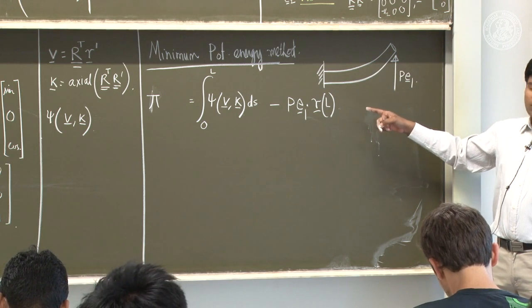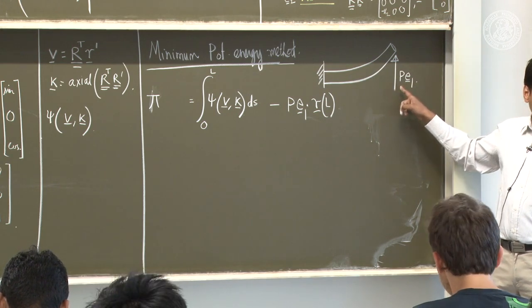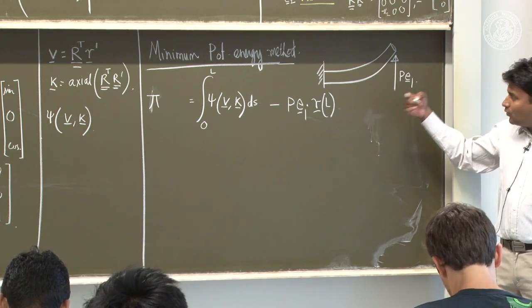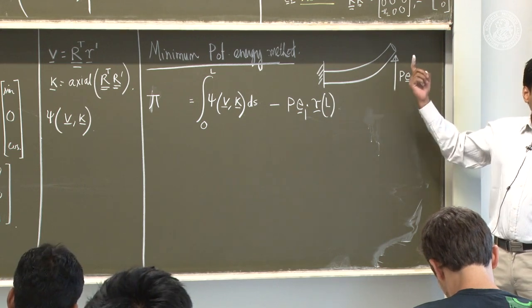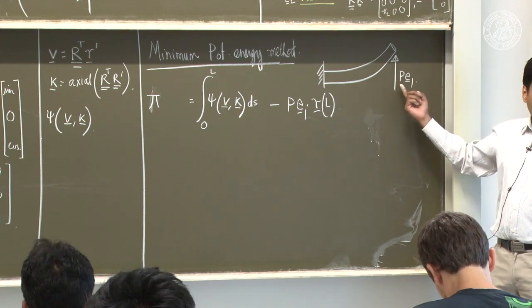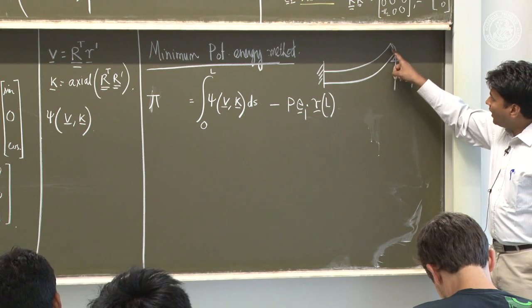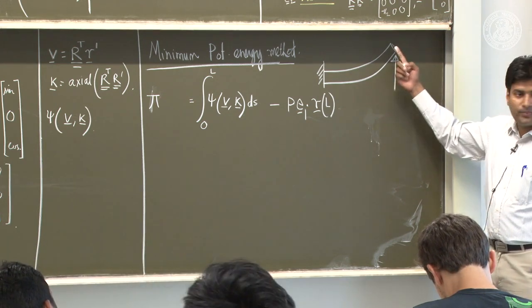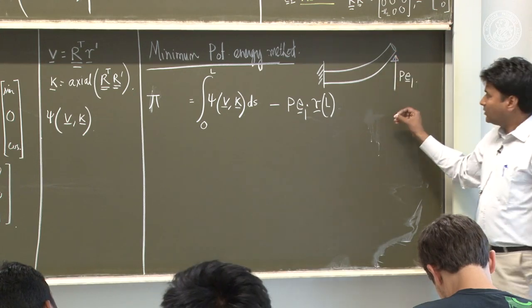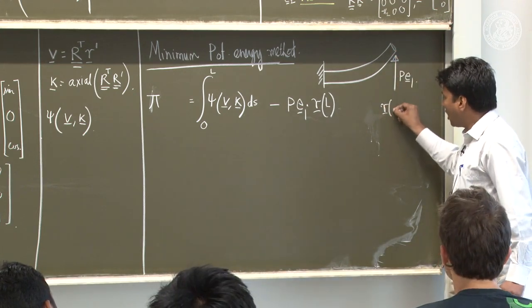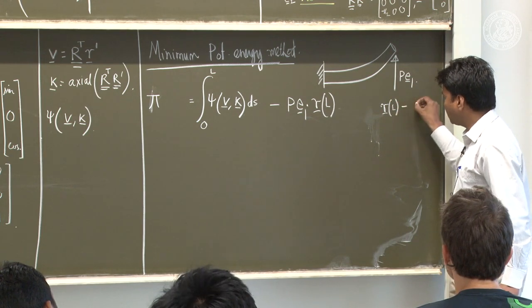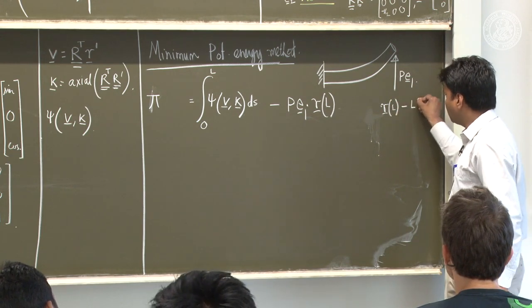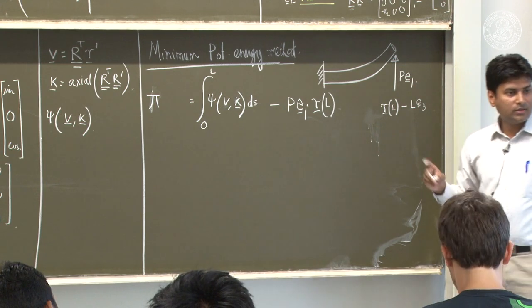So, what is the work done by this load, for example? That is simply force times the displacement of the point of application of the force. It is acting at this tip. So, what is the displacement of the tip? That is simply r of L minus L E3. That is the displacement.